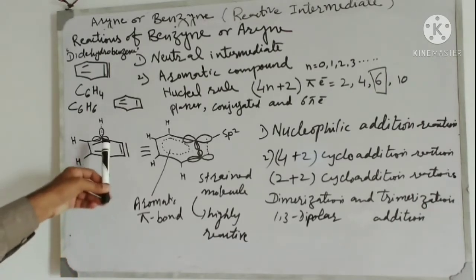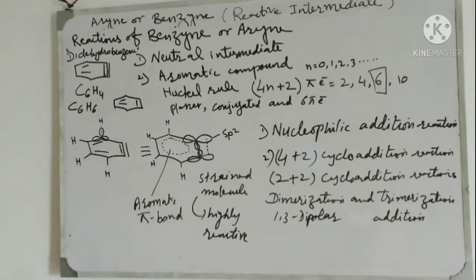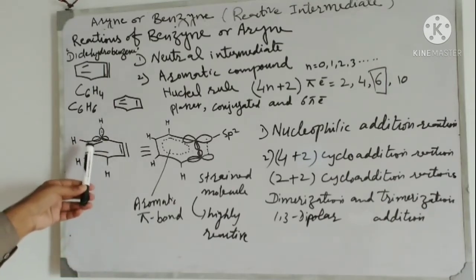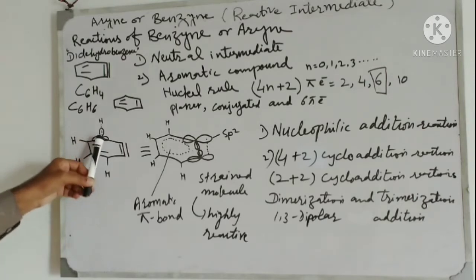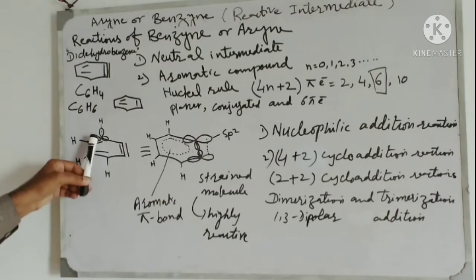Another way to look at it: benzyne also has one triple bond. If we go into the hybridization, this carbon makes 3 sigma bonds, so there are 3 sp2 hybrid orbitals.